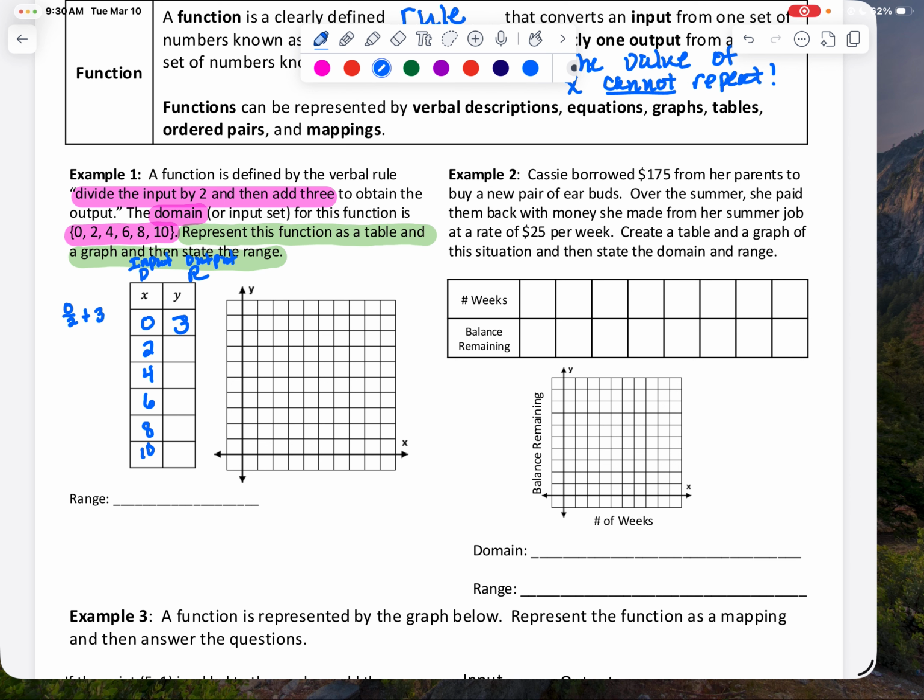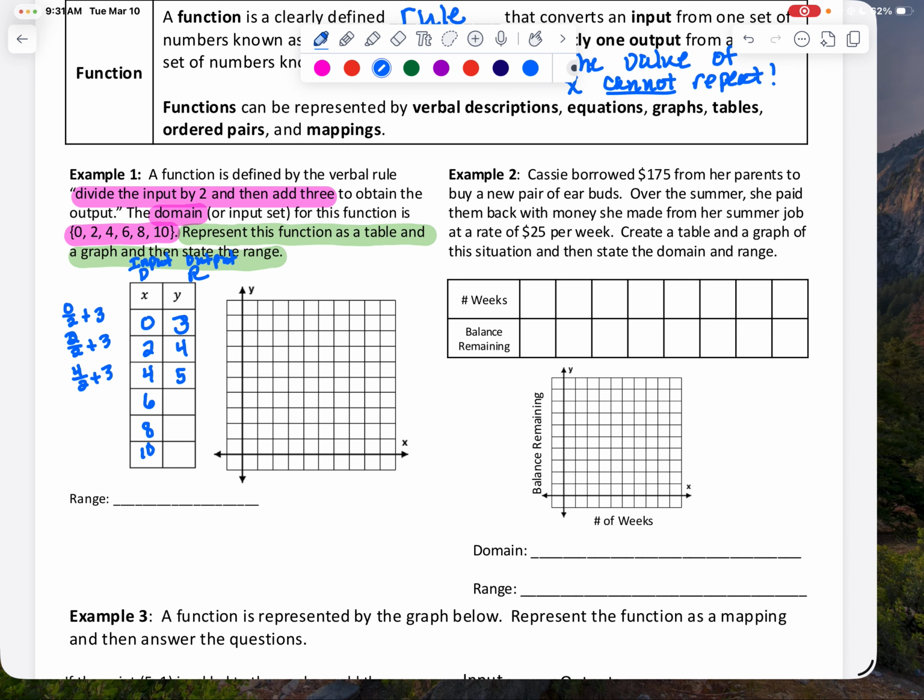All right, let me take my second input, which is 2, divide it by 2, and add 3. So 2 divided by 2 is 1, and 1 plus 3 is 4. All right, take your third input, which is 4, divide it by 2, and add 3. 4 divided by 2 is 2, and 2 plus 3 is 5.